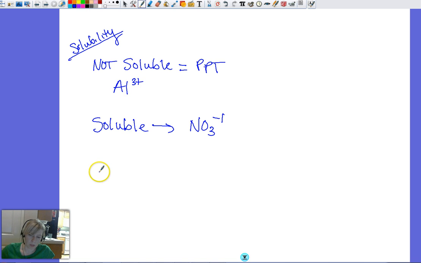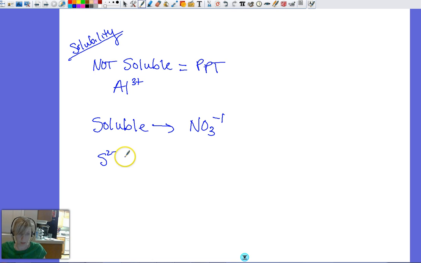And then it says, will aluminum sulfide make a precipitate? So you're going to look for the sulfide ion. I'm going to pull out my chart. If you look at the sulfide ion, we're going to look for the not soluble. So it says any other positive ion.